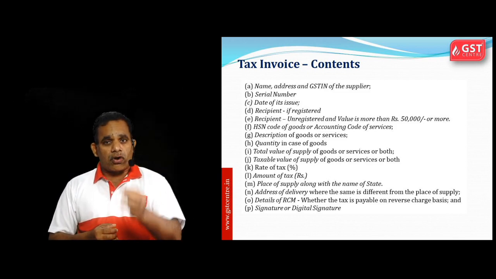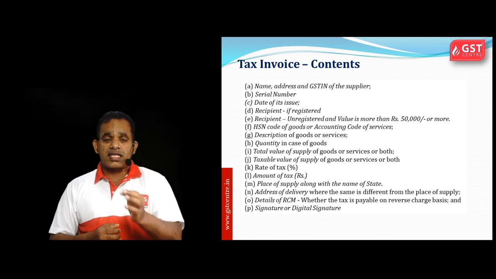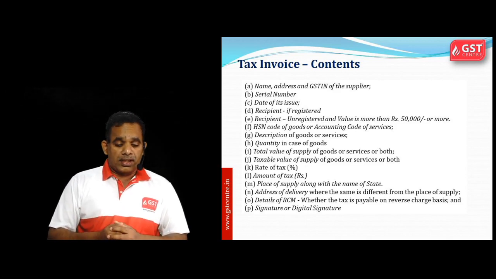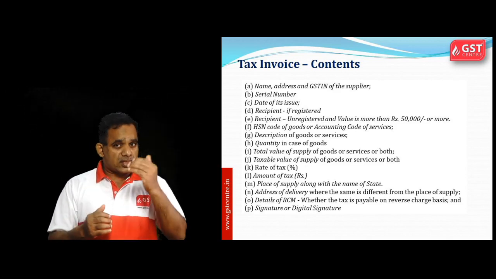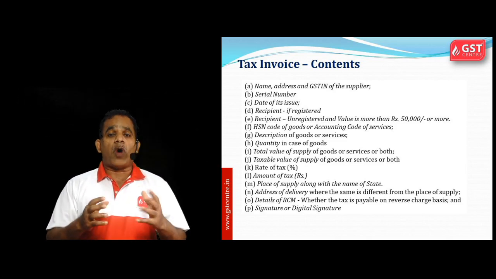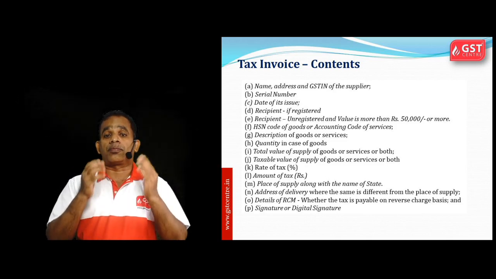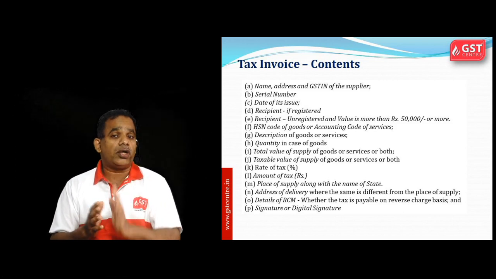Then HSN code for goods and SAC code for services, description of goods and services, quantity in case of goods, total value of supply of goods or services, or both, means taxable value.